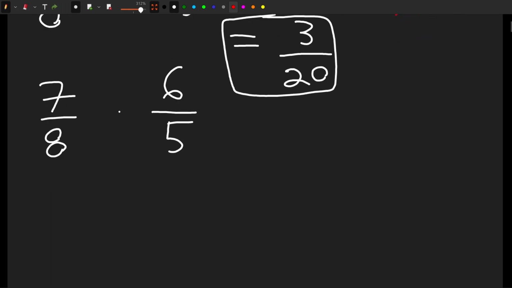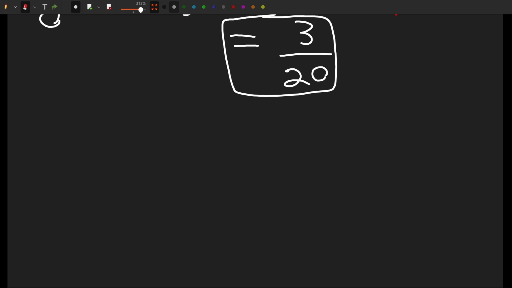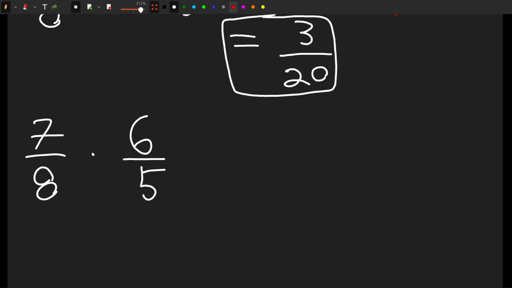And now for this problem, I'm going to rewrite it. I'm running out of a little bit of room, so next time I need to give myself a little bit more room, but it's okay. So for my next problem, we had 7 over 8 times 6 over 5. And so here, I'm going to do the same thing. 7 is a prime number, so I'm just going to leave it as 7. 8 is going to turn into 2 times 2 times 2.